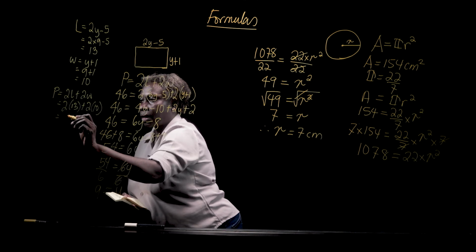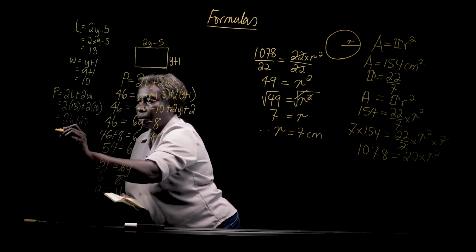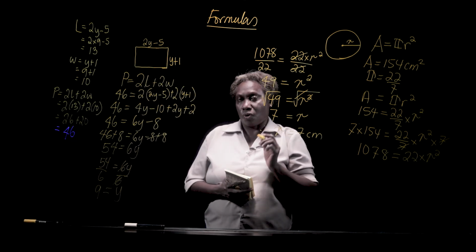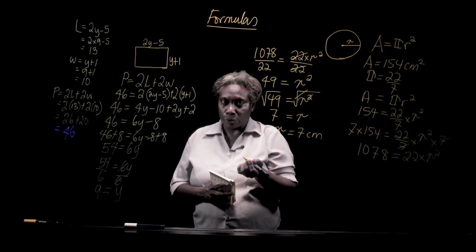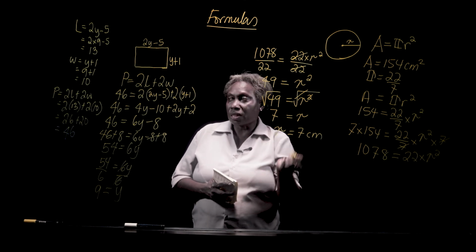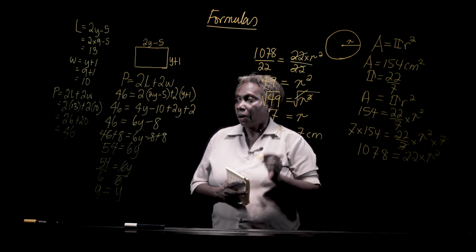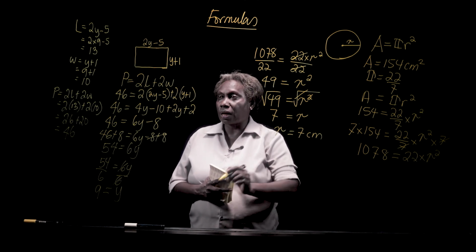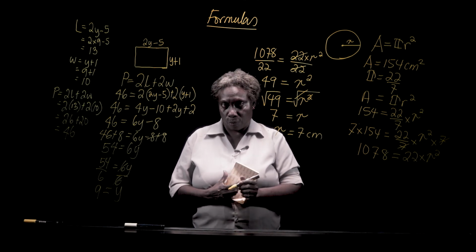That gives us 26 plus 20, which is equal to 46. Therefore, y equals 9 is correct, because when we substitute that into our formula, we get the perimeter to be 46, which is equal to the perimeter that was given in our original word problem.